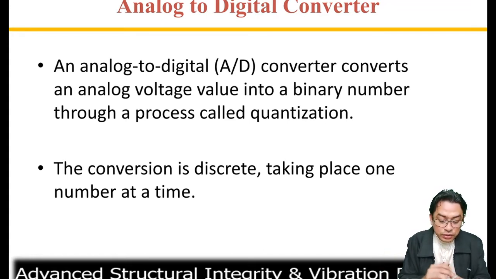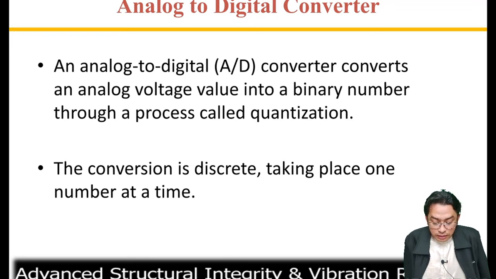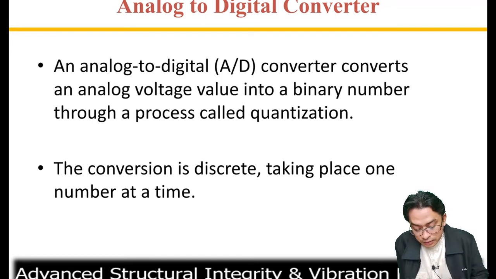But if we set a proper value for quantization, then we can get a correct representation in terms of the digital signal. The conversion is discrete and time based, so we must make sure that we have a correct representation of the signal.